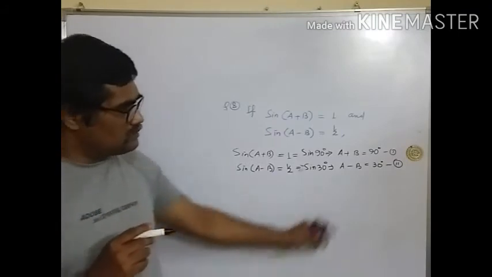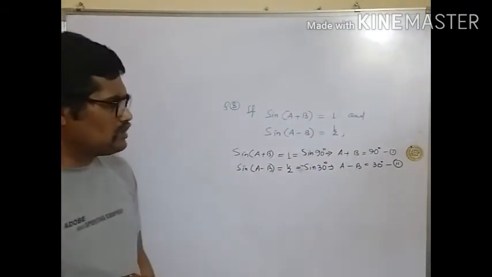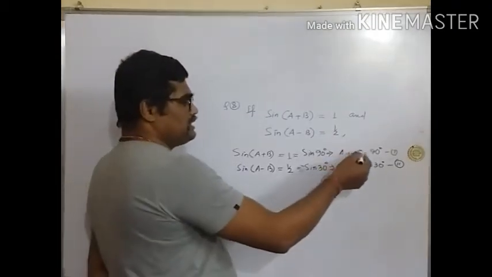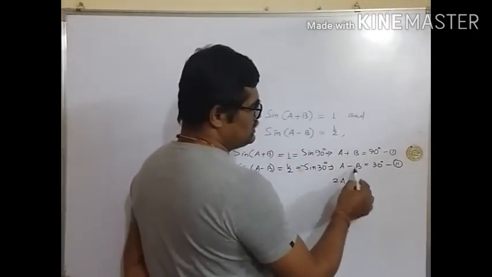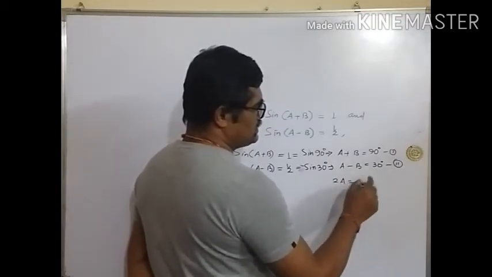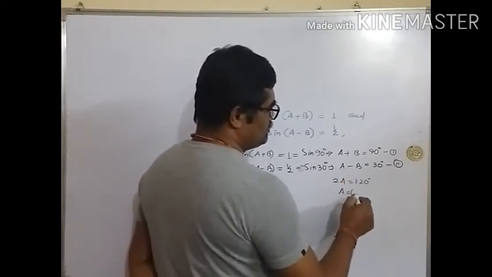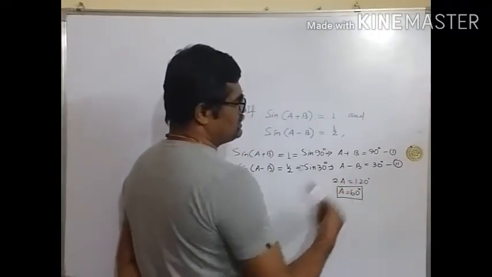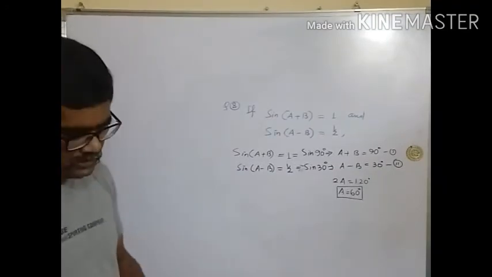Now solving these two equations, you can get the values of A and B. These are very simple equations which you can easily solve. Simply add them up. Then A plus A will give you twice A. These two will get cancelled. That gives you 90 plus 30, 120, leaving A equal to 60. And once you get A equal to 60 degree, from here easily you can work out what is B. And then you can see the option.